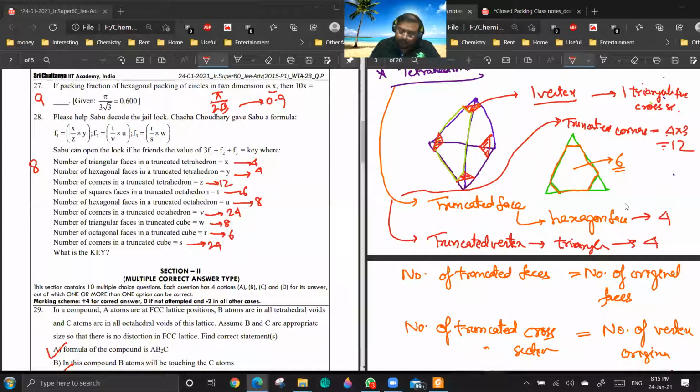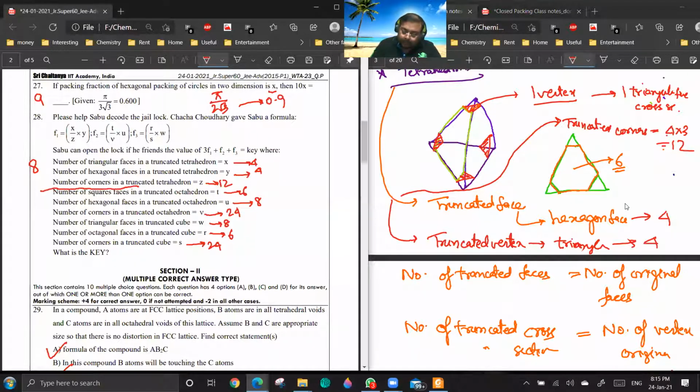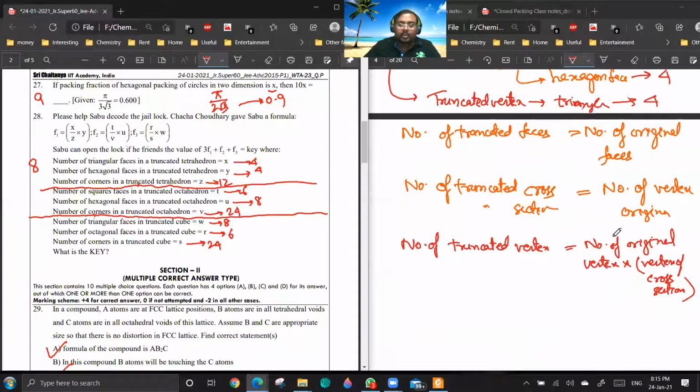So X is 4, Y is 4, and Z is 12. Up to this you are getting? Everyone is clear? So this question is basically a combination of 3 questions, so I will deal with them one by one. This is clear? Yes or no?